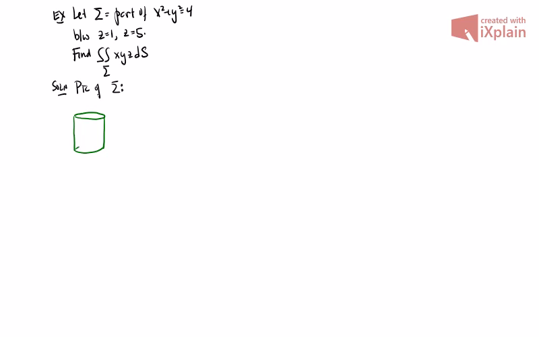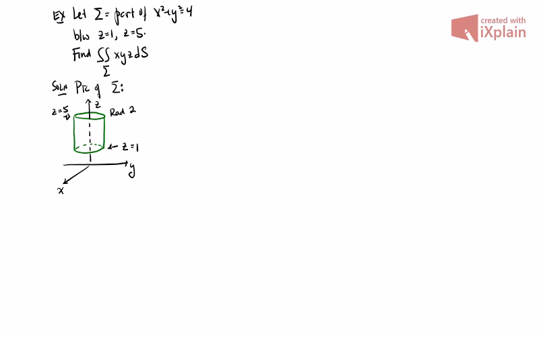Now keep in mind this surface is hollow because x squared plus y squared equals 4. It has a radius 2, and it extends down here from z equals 1 to up here z equals 5. And that's the cylinder, right?